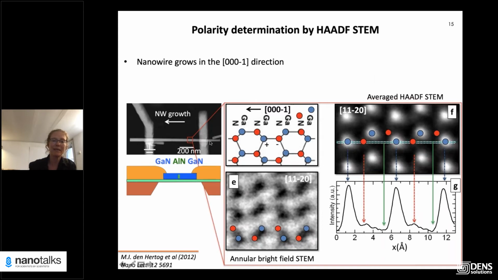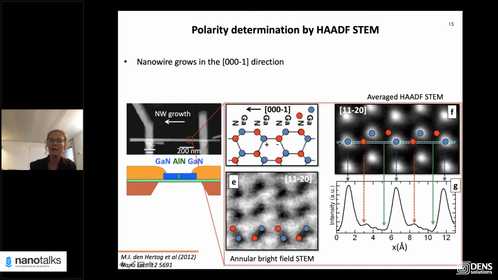So here we have a gallium nitride nanowire with a single aluminum nitride insertion. And if we look at very high resolution, this is an averaged high angle annular dark field STEM image. We see here these bright dots that are the gallium columns, but we can't directly see the nitrogen columns because they are much lighter.